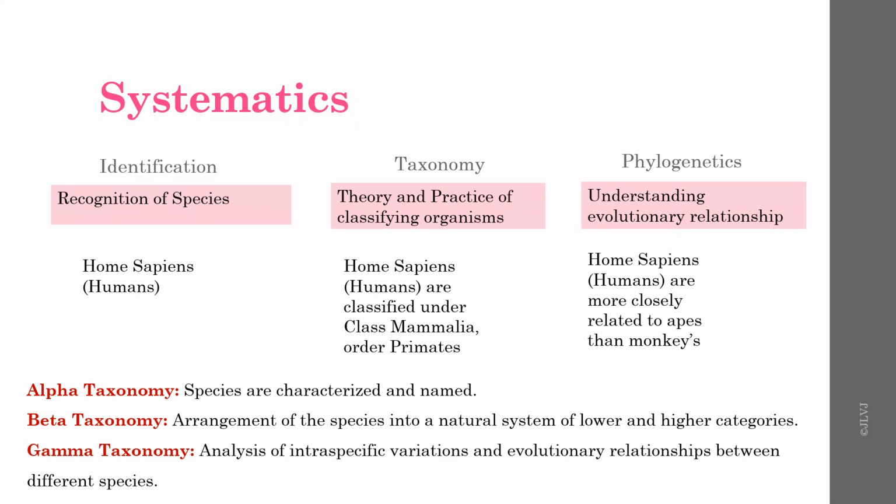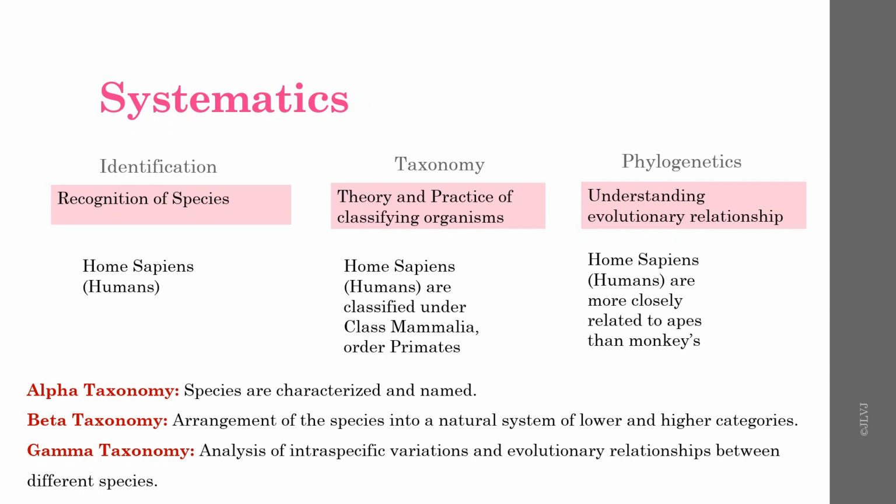And in taxonomy, that itself is not enough. Taxonomy is a little broader, in which we try to classify them. For example, we know that human beings are classified in the class Mammalia, or the primates and all. In a similar way, whatever we see, we have to classify it, like, okay, this belongs to class A or class B. Phylogenetics is one step ahead.